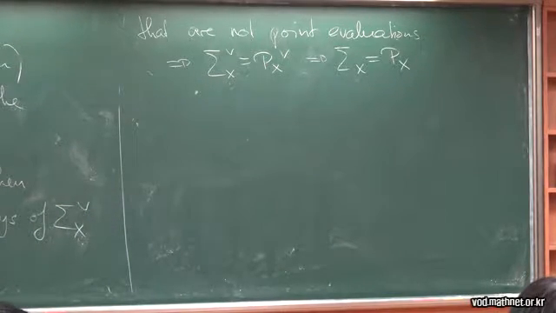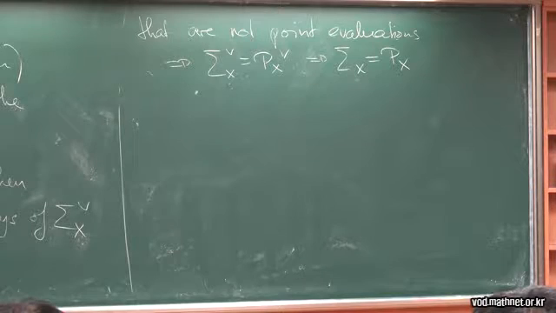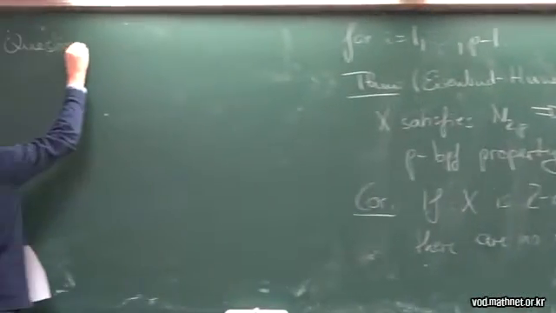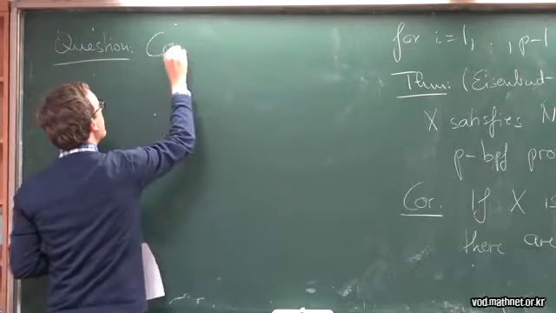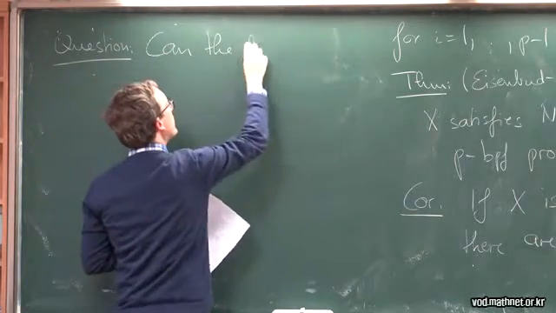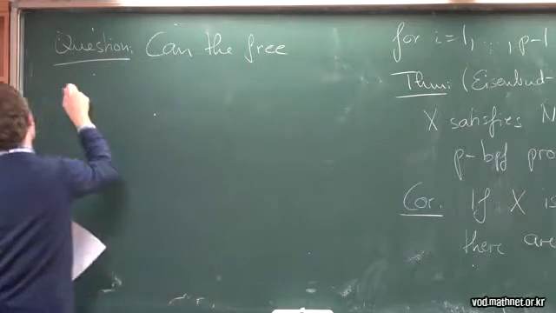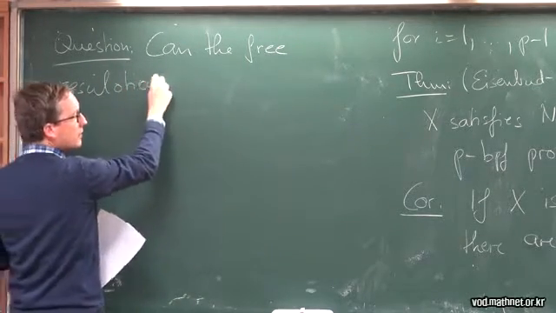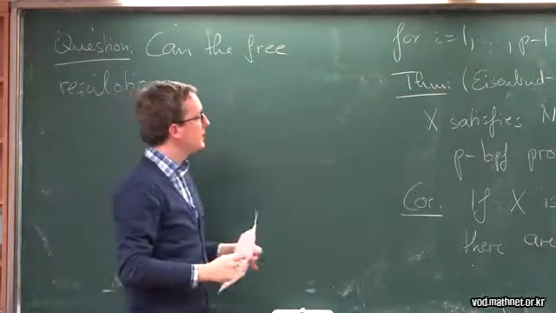Okay, so I have a question for you. Let me state this carefully. I would like to know if the free resolution, and if so how, can detect the first time the p base point free property holds.